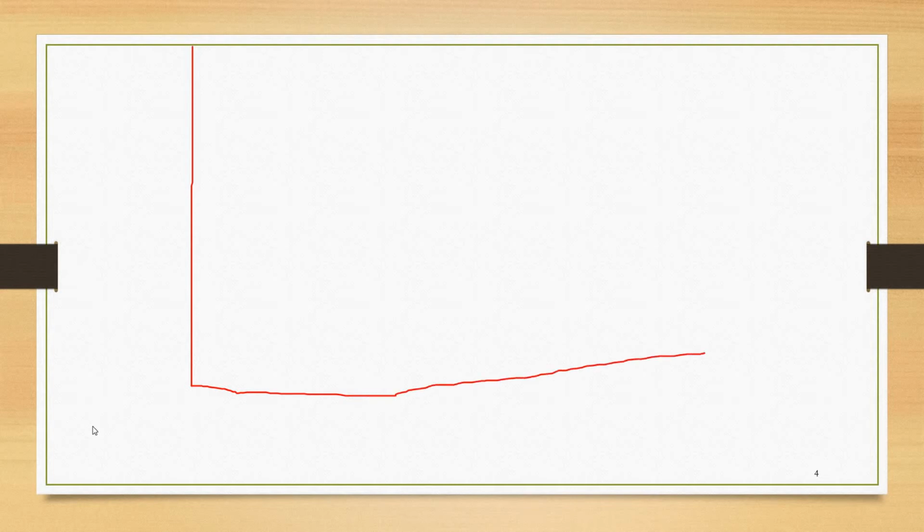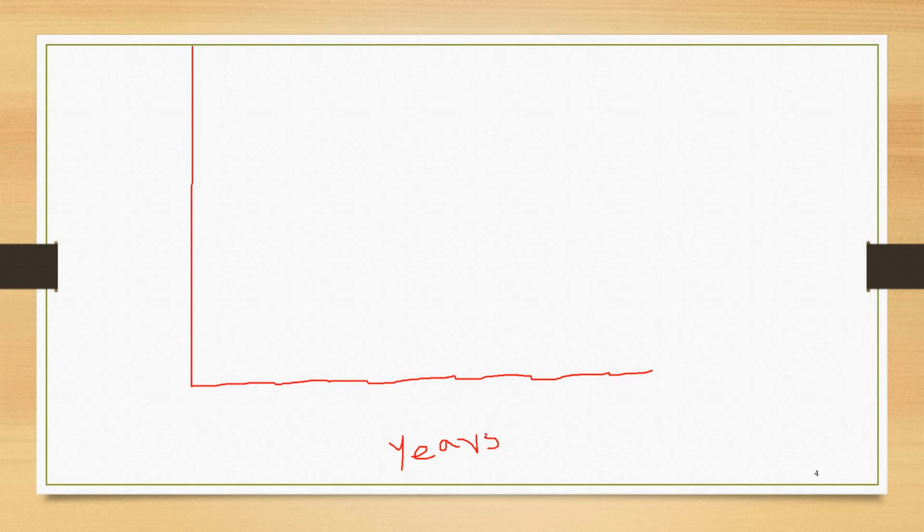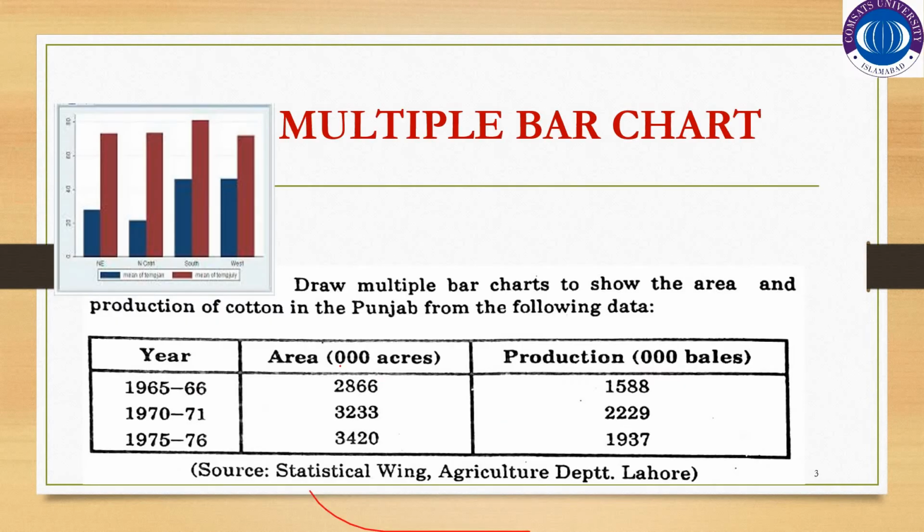What we will do, on x-axis we will have years, and on y-axis we will have a scale that will be appropriate for both the characteristics, area and the production.